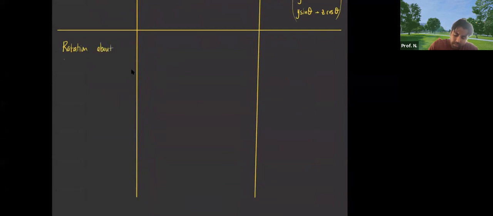about the y-axis by an angle of theta. So what happens when I take x, y, z and I rotate it about the y-axis?